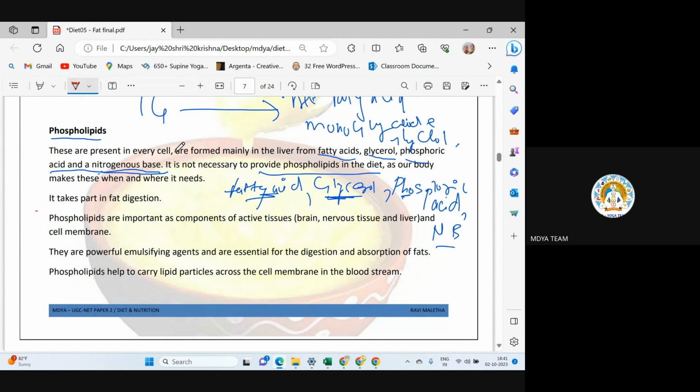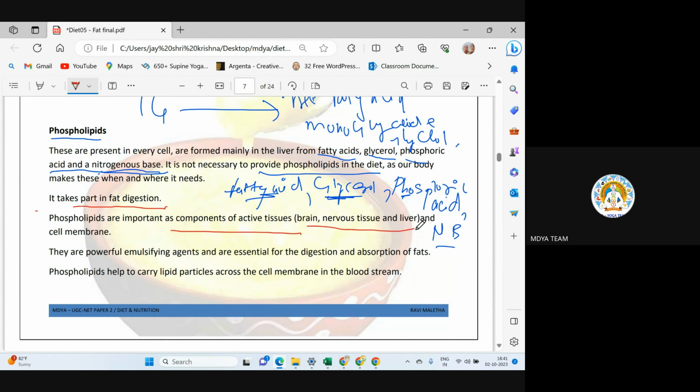The main function of phospholipid is that it takes part in fat digestion. In our large intestine, phospholipid helps in digestion of fat. Next, phospholipids are important as a component of active tissue. Active tissue means tissue which is always in a phase of generation and regeneration, like brain, nervous tissue, and liver.